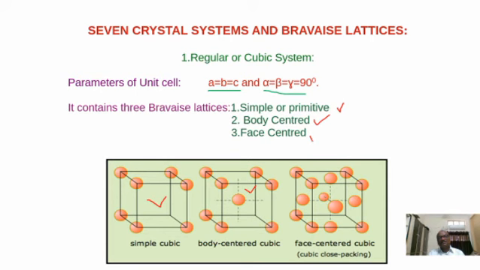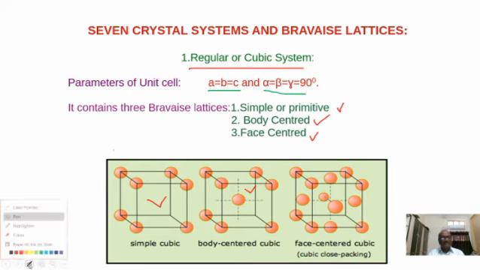Third is face-centered: 8 corners and 6 centers of faces. So this we call a regular or cubic system. It is the first type of crystal system. It is available in nature in 3 forms: it may be simple or primitive, body-centered, or face-centered.